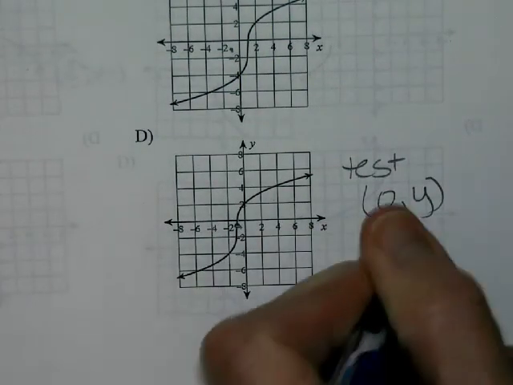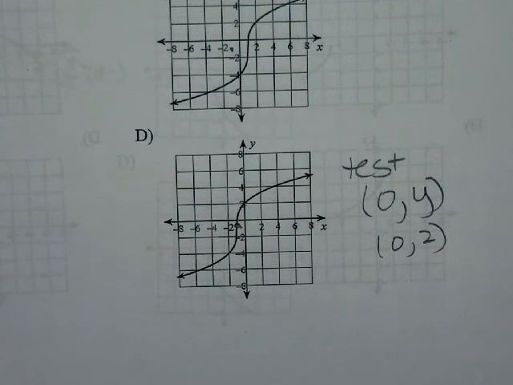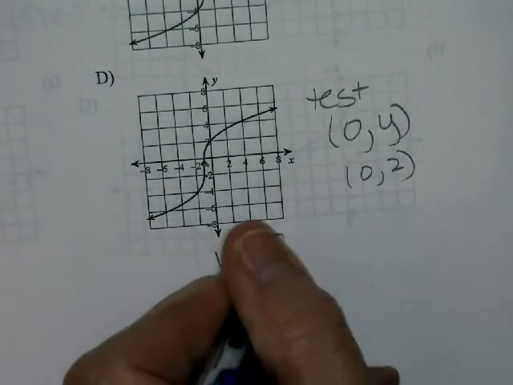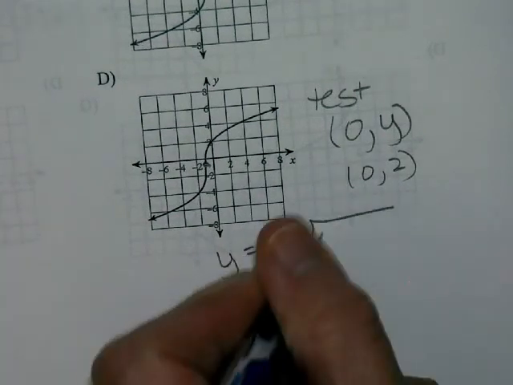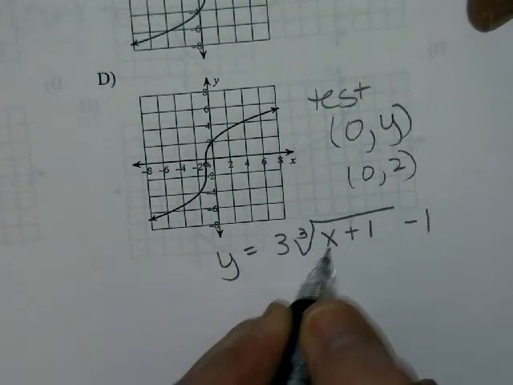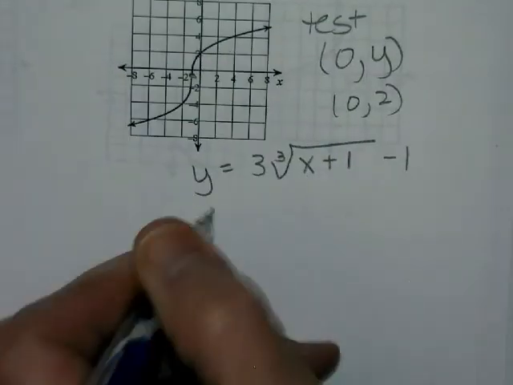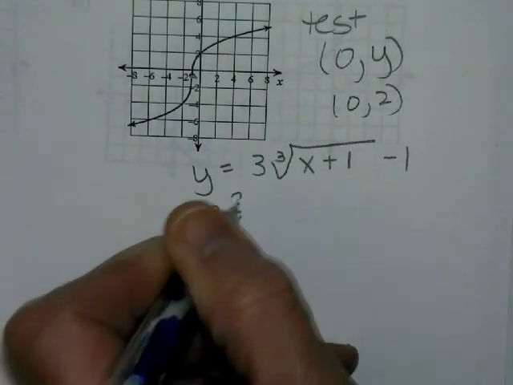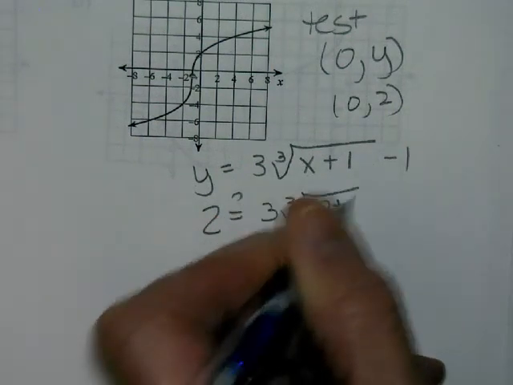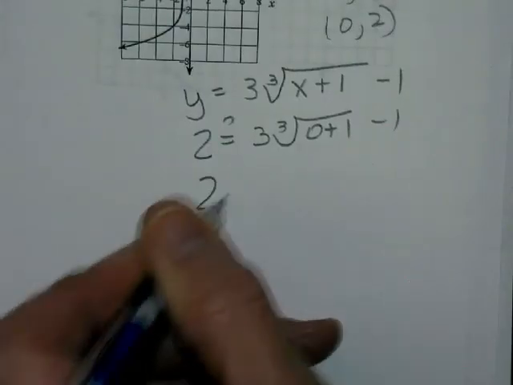Test 0, y. Test this point, like in this case, it's 0, 2. The y-intercept is what that's called. So if you put a 0 in here, do we get a 2 out?